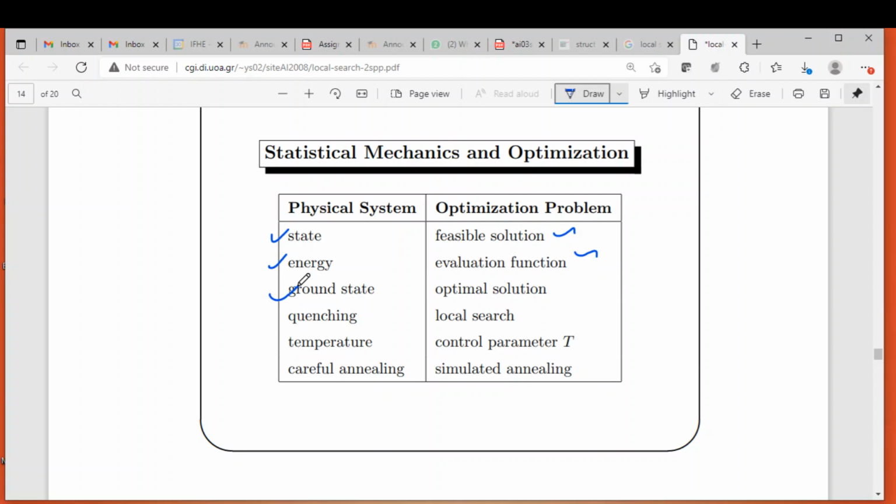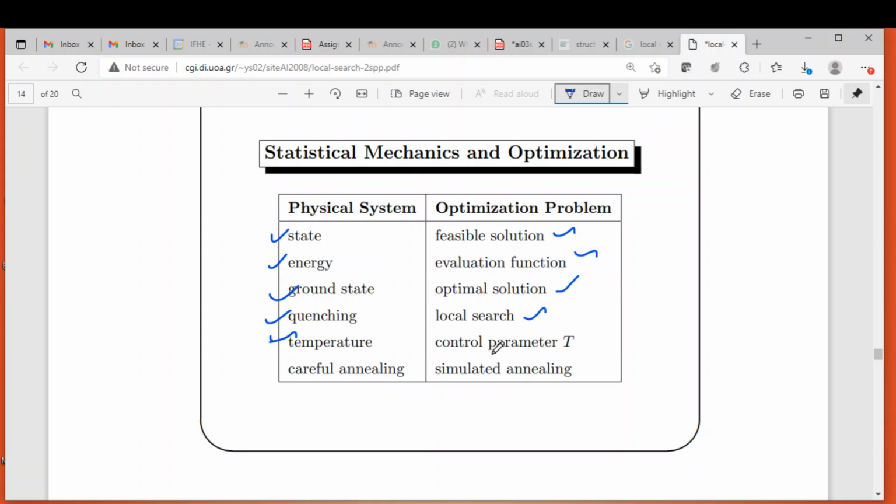There is a term ground state there, and here we use optimal solution, the best solution. Instead of quenching, we use local search. And there, as the temperature increases, the metal is in the molten state, and then the temperature is gradually decreased to make sure the material becomes a crystalline state.